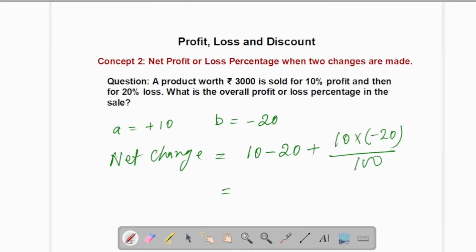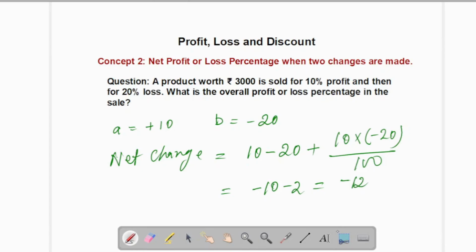So net change is minus 10, and it is 200 divided by 100, so minus 2, so net change is minus 12. That means since it's a minus sign, we are making losses.